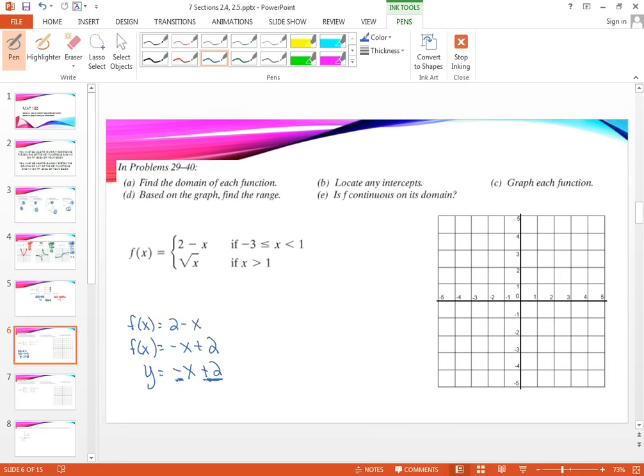Slope is -1. So I can plot my y-intercept at 2. And then the slope of -1 means go down 1 over 1. Down 1 over 1. Okay. And I can keep plotting points. And I can sketch that in. Like so.